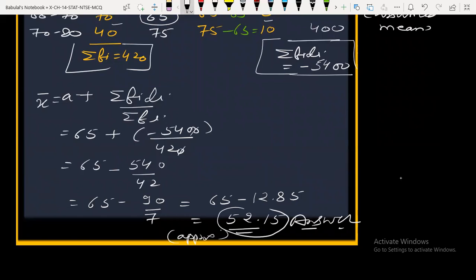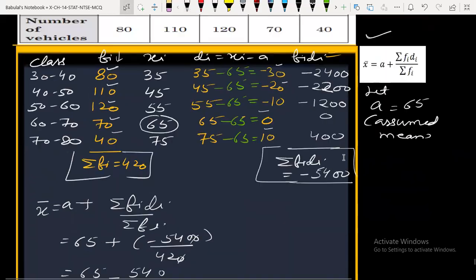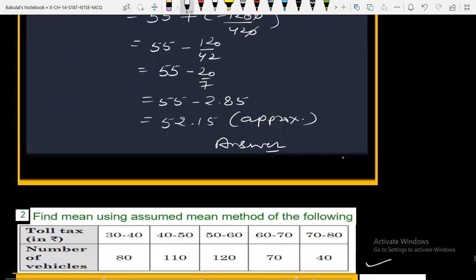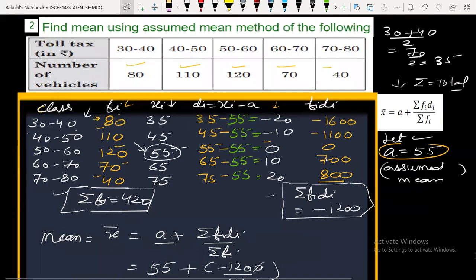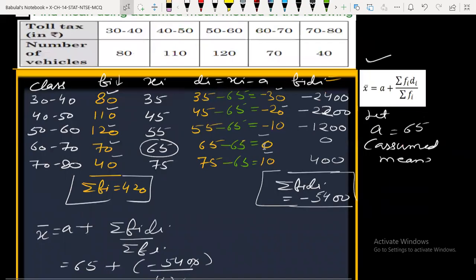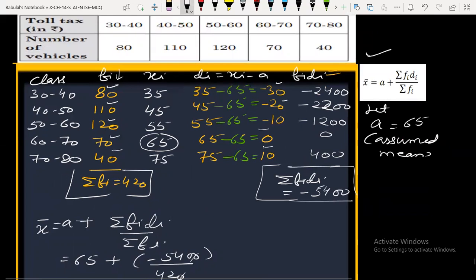Yes. अब हम ये चेक करने की कोशिश करेंगे कि क्या हमारा आंसर अज्यूम्ड मीन चेंज करने से सेम ही आ रहा है। देखिए ये है हमारा यहाँ से 52.15 और सेम क्वेश्चन का पहले हमने किया था वो भी था 52.15, लेकिन डिफरेंस देखिए, अगर हमने ये मिडिल वैल्यू लिया है यहाँ पे तो हमें कैलकुलेशन में ज्यादा प्रॉब्लम नहीं आई। Okay, it becomes easy. But if you change this one, आपने अगर ये नीचे वाला चेंज कर लिया तो आंसर will be same, but our calculation has become difficult now.